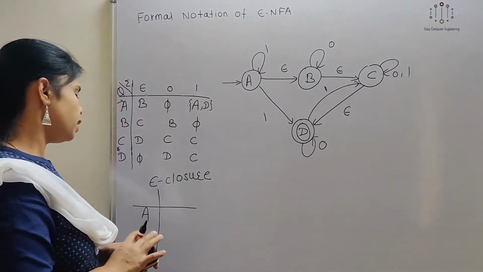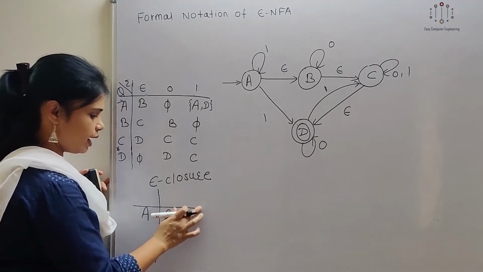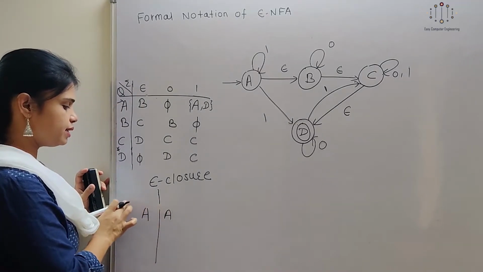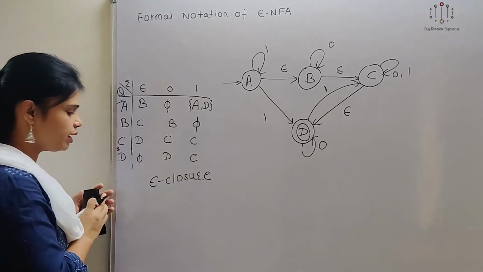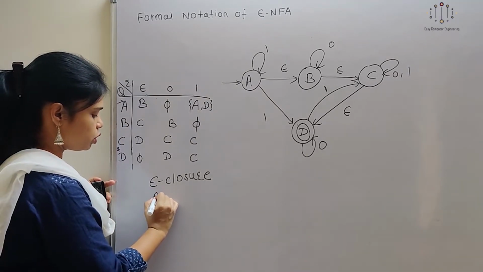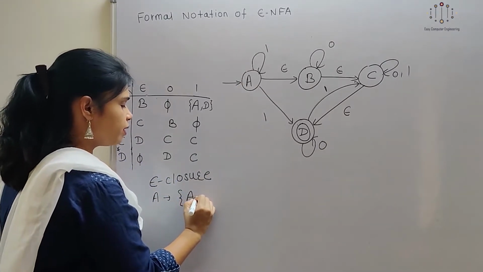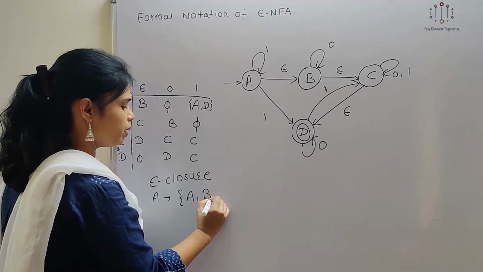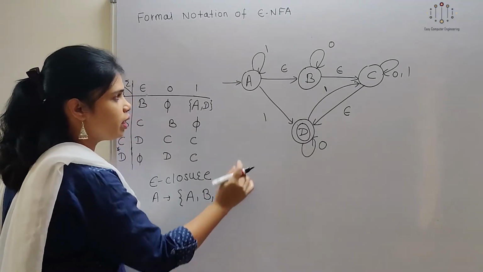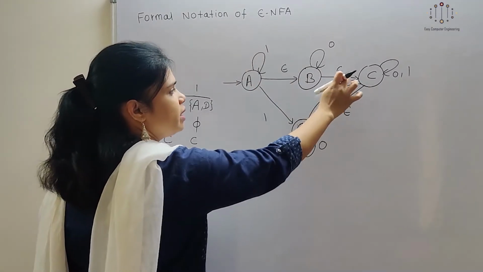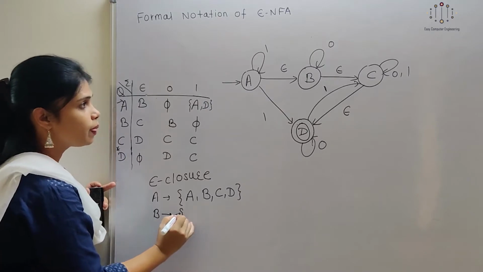So from A, A itself we take as it is. Now write in proper manner the epsilon closure of A. We can move to A itself, then with epsilon to B also, then C also and D also: A, B, C and D. From B, where can we move?